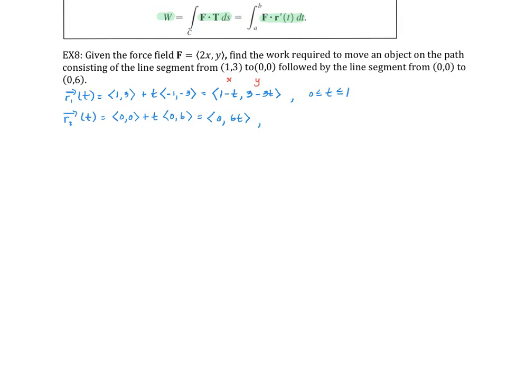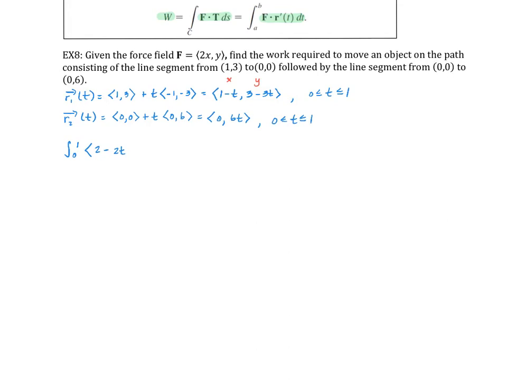T values are still going to go from 0 to 1. Okay, so my first integral from 0 to 1 is going to be 2 minus 2t.